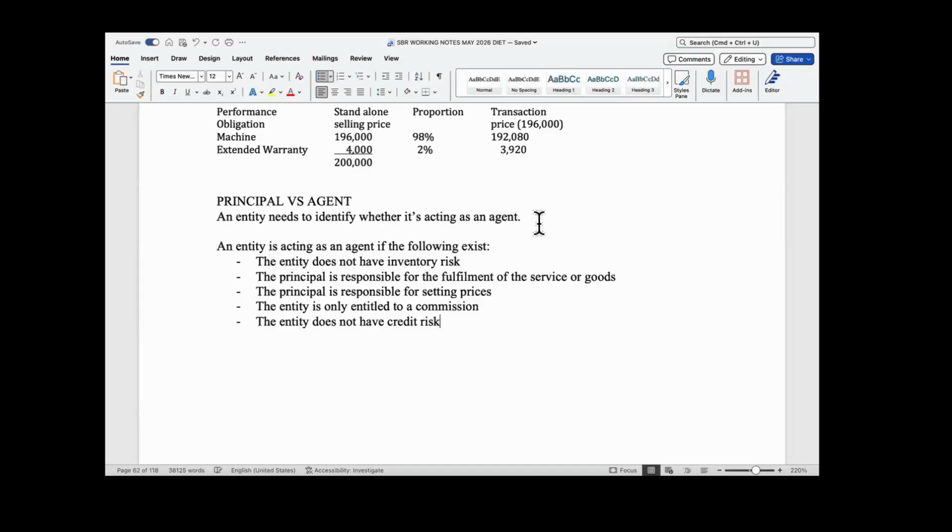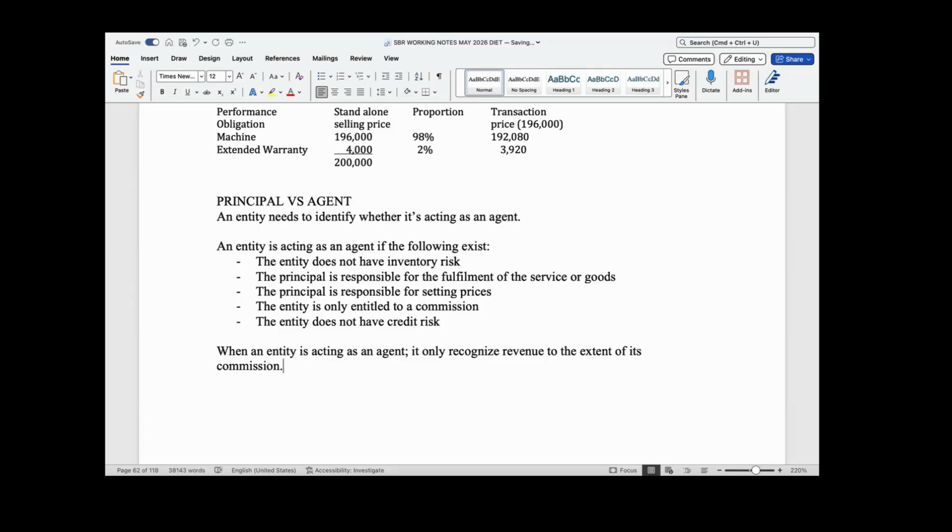So when an entity is acting as an agent, you don't recognize the whole amount as revenue; your revenue is just your commission. Only recognize revenue to the extent of its commission.